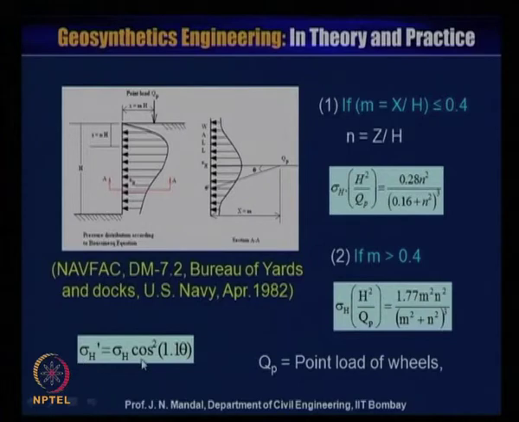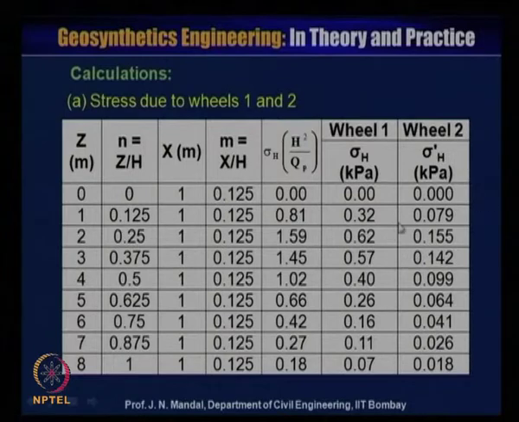So sigma h dash will be sigma h into cos square of 1.1 theta, and you can calculate sigma h dash in kilopascal for wheel load 2. I think you now have some idea how to calculate the stress for wheel load 1 and the corresponding wheel load 2.